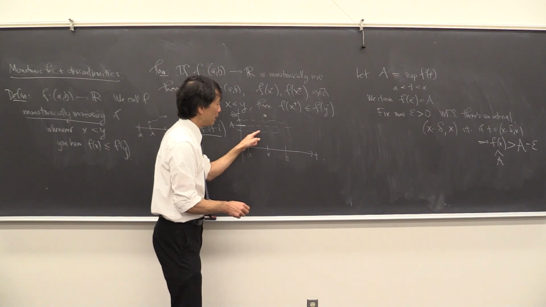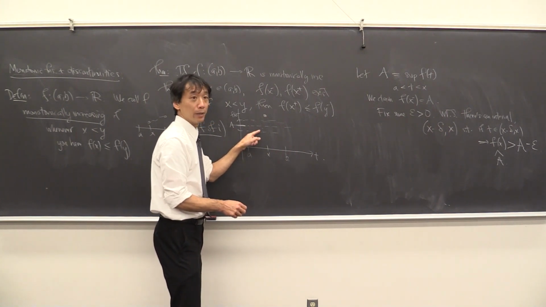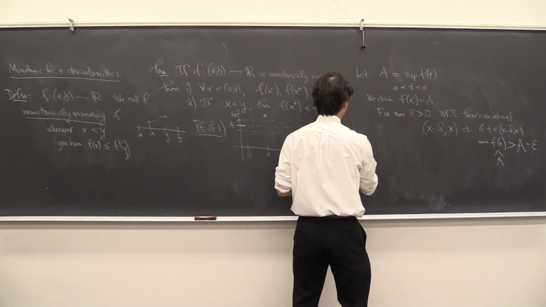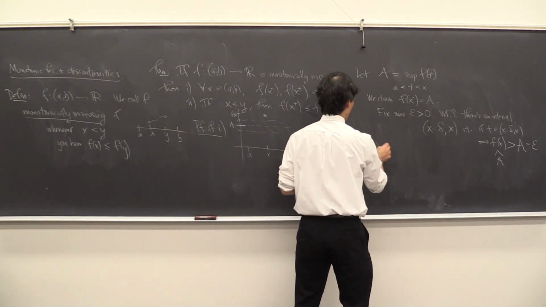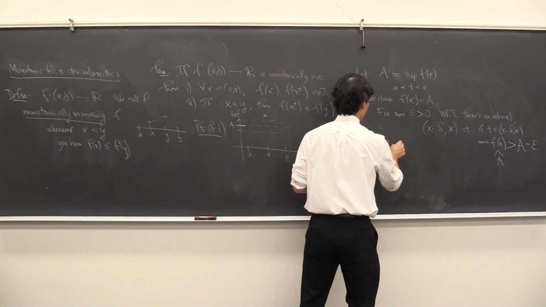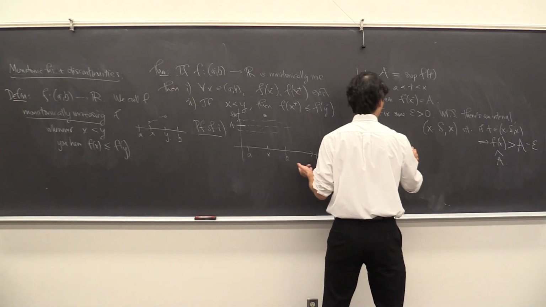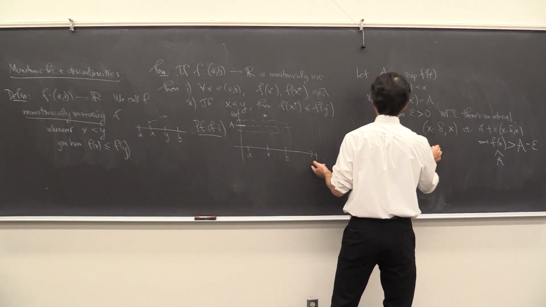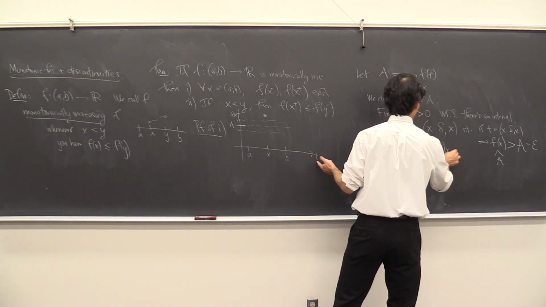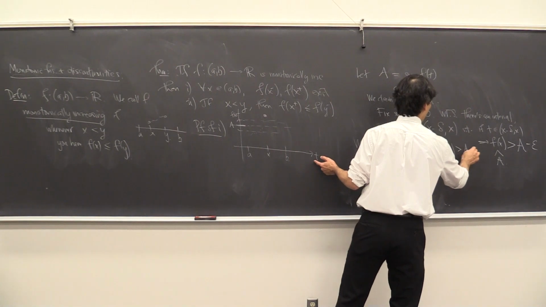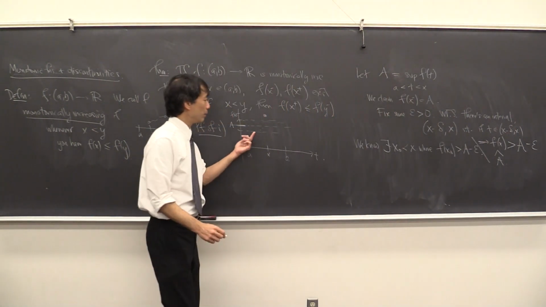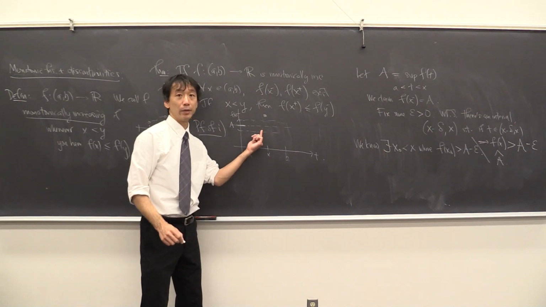You know that at some point you have to cross that line. So there must be some x naught smaller than x where f of x naught is bigger than A minus epsilon. There must be some point where you cross the line.